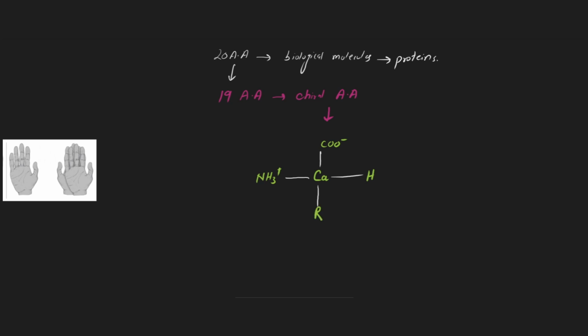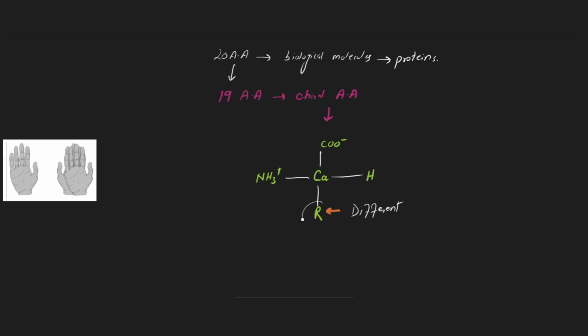We have also discussed that this R chain is different for every amino acid. It could be a particular atom, a molecule, a chain structure, a ring structure, or a single atomic form as in the case of glycine, as we're going to see in a moment.